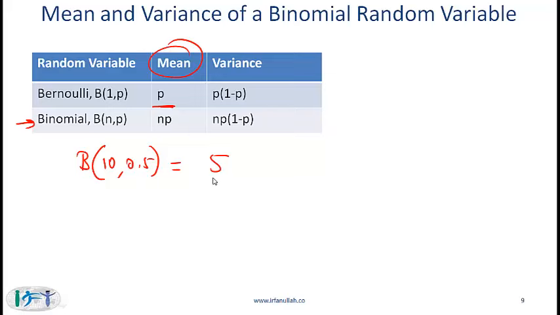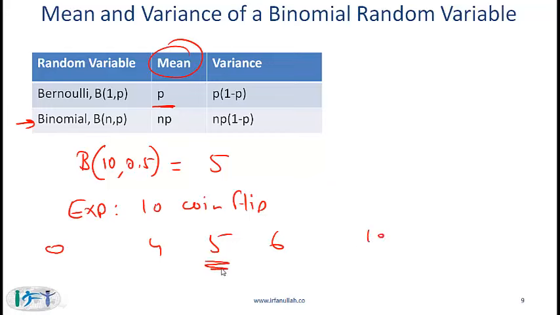Now, every time you do this experiment, where the experiment is defined as 10 coin flips, you are not going to get 5 successes. Sometimes you might get 5, sometimes 4, you might get 6, you might even get 0, you might even get 10 occasionally. So even though 5 is your expected value, the number of successes will be distributed around 5.